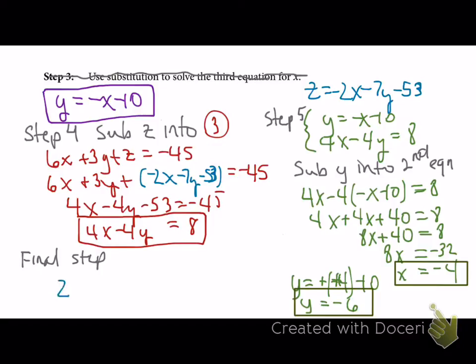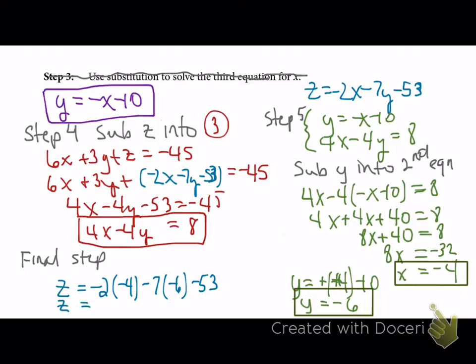So I have my z equal to my negative 2 times the x we found, which was negative 4, minus 7 times the y we found, which was negative 6, minus 53.